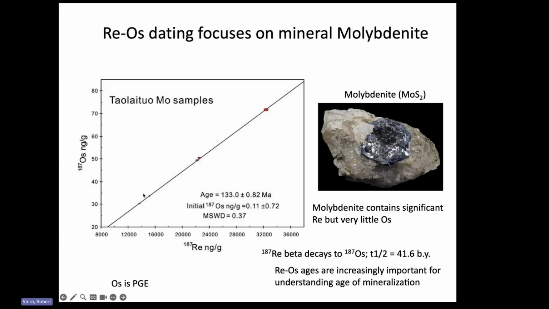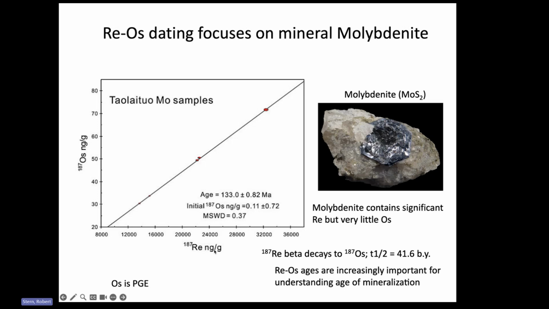And they found out just by trial and error that molybdenite, just MoS2, contains a very significant amount of rhenium, but very little osmium.